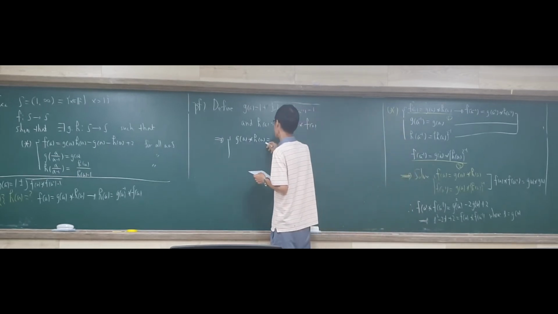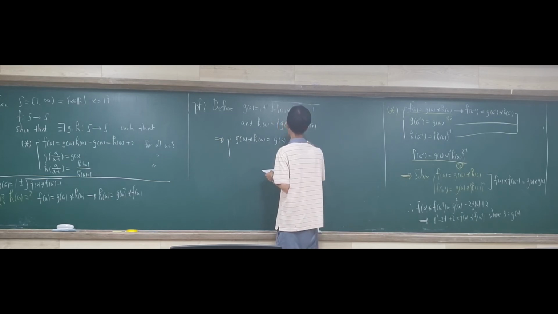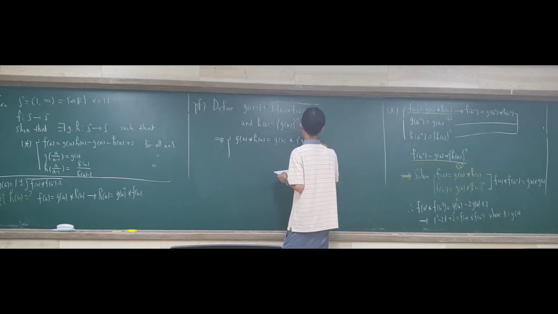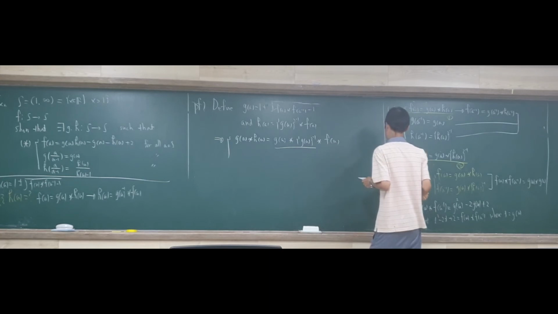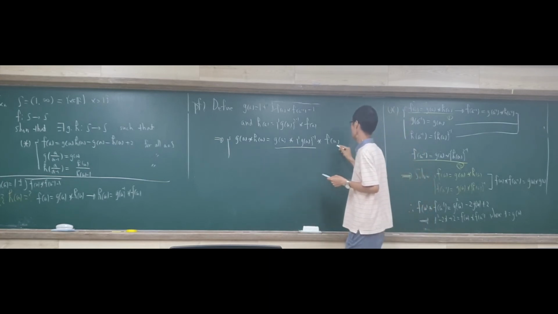Then by the definition of H, we can see that this is equal to G(a) star G(a) to the negative 1 star F(a), and this becomes 2 star F(a), and this becomes F(a).